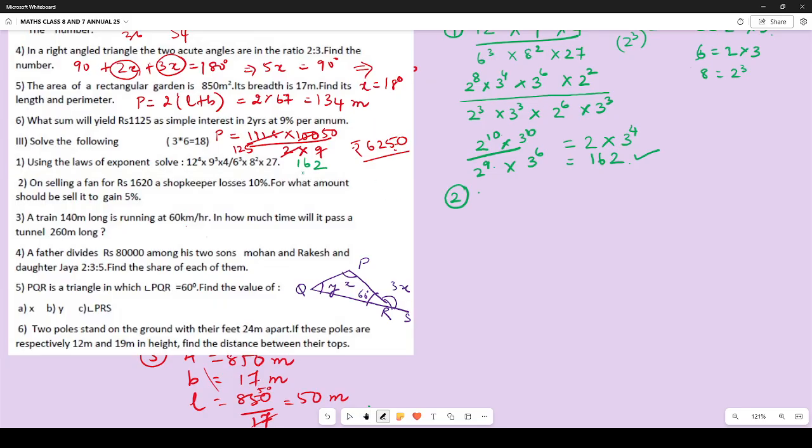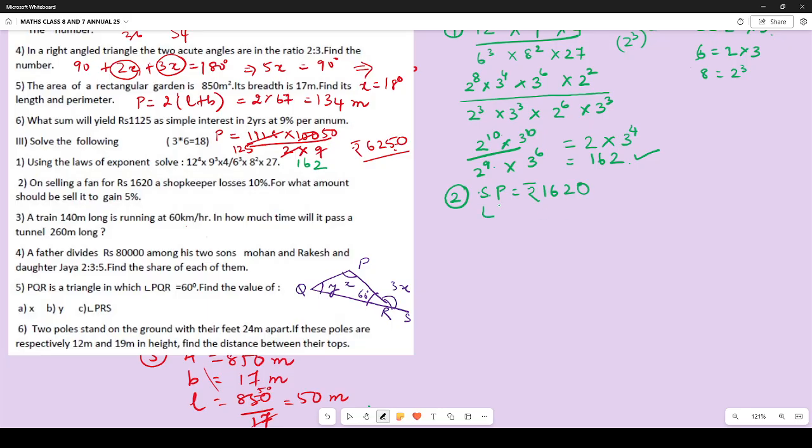So, on selling a fan for rupees 1620, shopkeeper loses. So what are we given over here? Selling price is given. Selling price is rupees 1620.